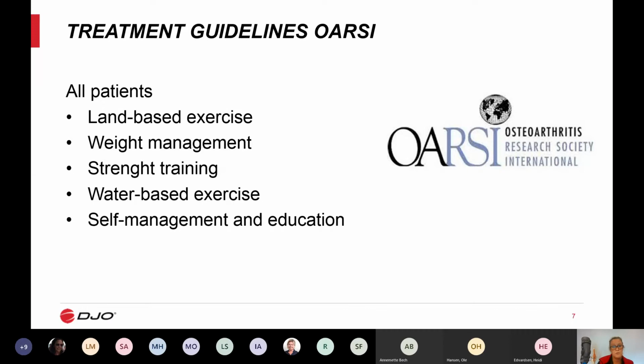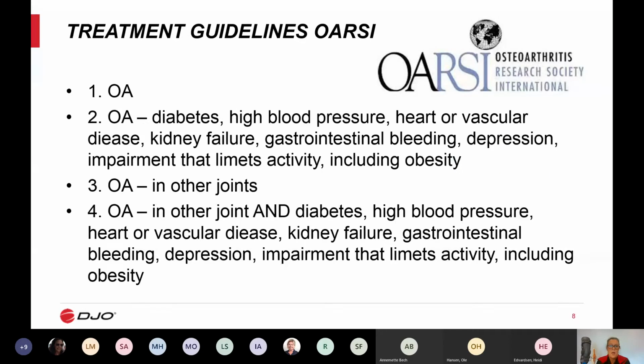But they have divided into 4 patient groups. The first one is people only with OA, and the second one is with OA in the knee and all the following diseases. You can read them yourself, such as diabetes, high blood pressure, heart or vascular disease, kidney failure, and so on.